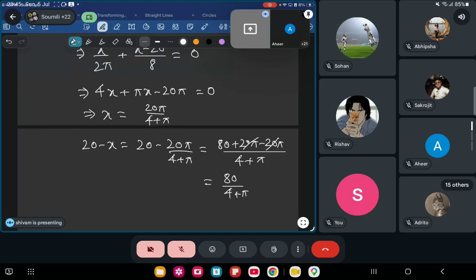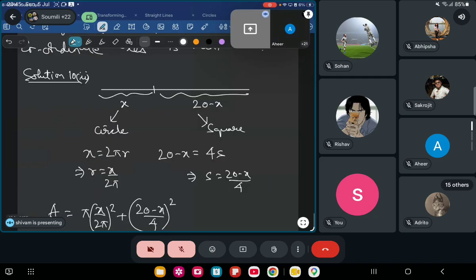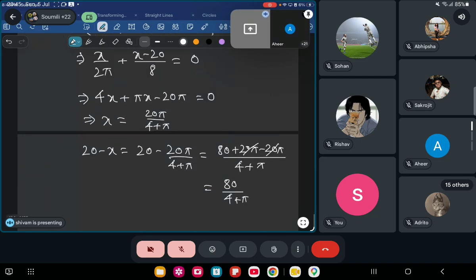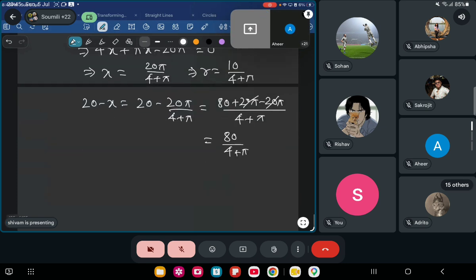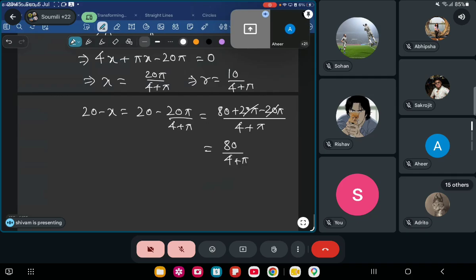So let us find out r. r is equal to x by 2 pi, so r is equal to 10 by (4 plus pi). And over here, this is the value of 4s, right? So over here, what is the value of s? s is equal to 20 by (4 plus pi).